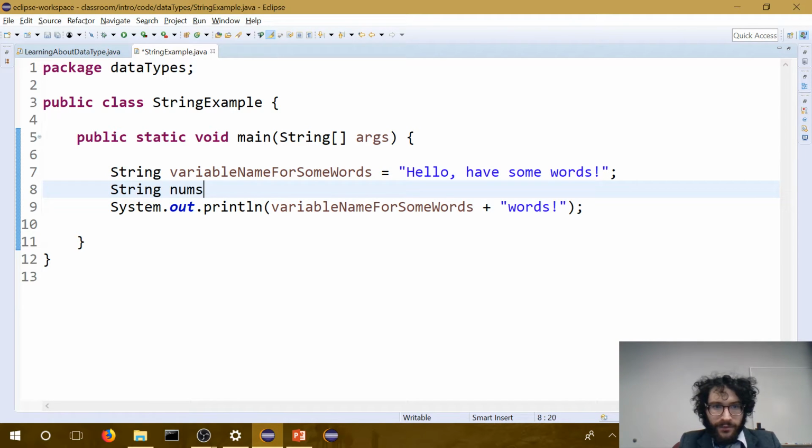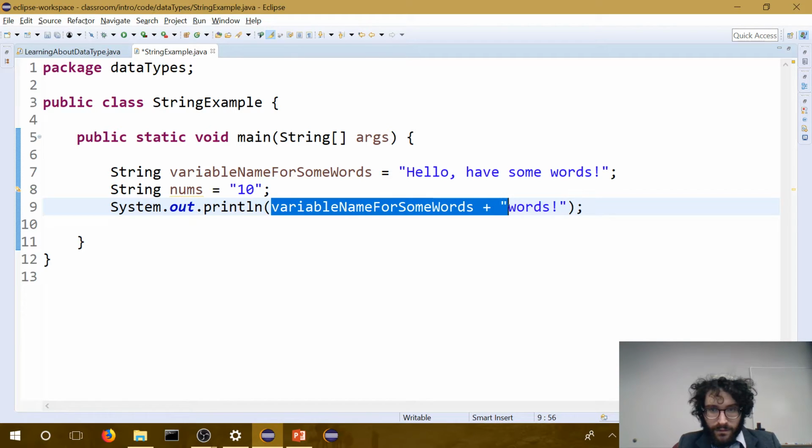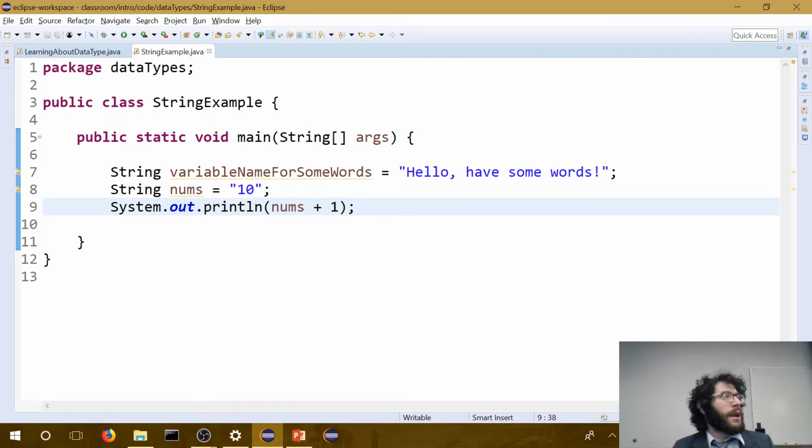So, string nums is equal to... So let's go ahead and say nums plus 1. Now here we have another instance of type conversion, which I showed earlier.